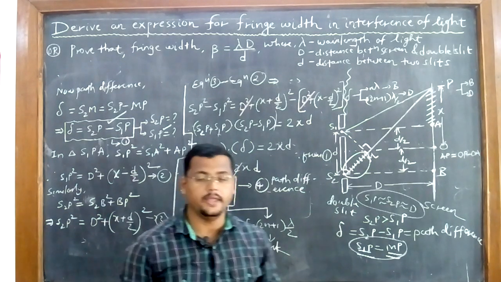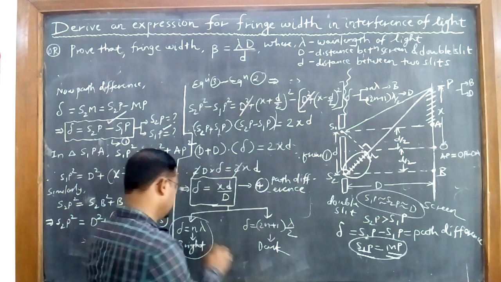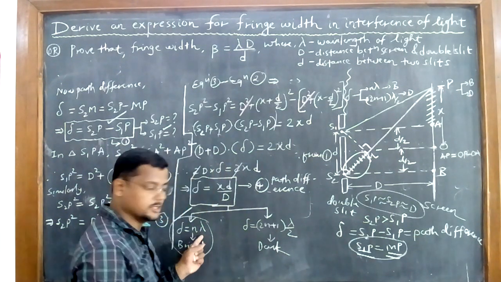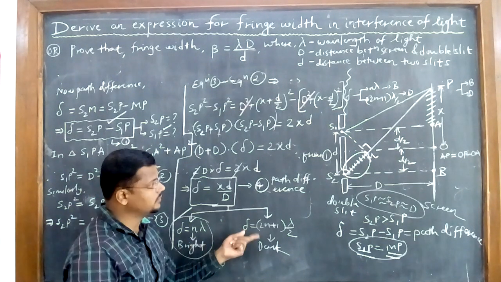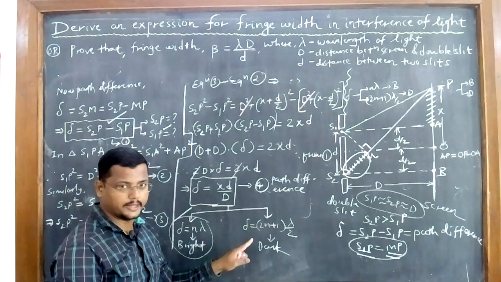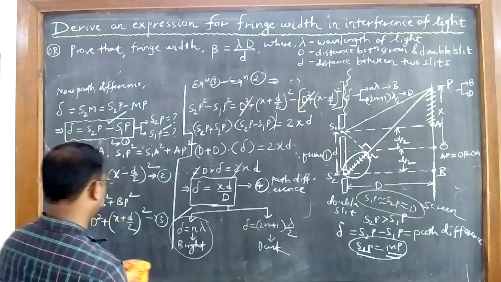It is the distance between any two successive bright fringes or any two successive dark fringes. In the annual examination also you go by brightness only. For darkness, if you go, you will have the same expression.